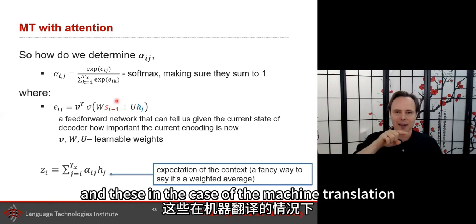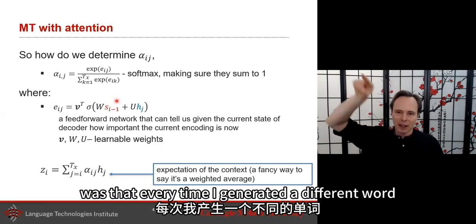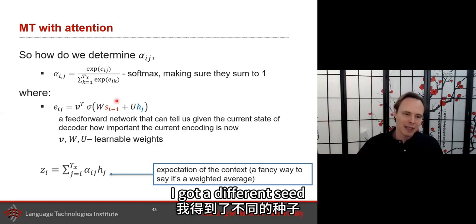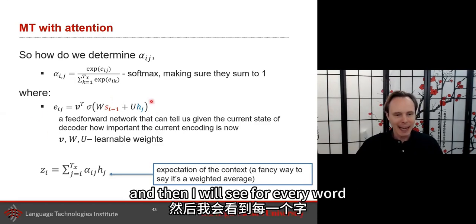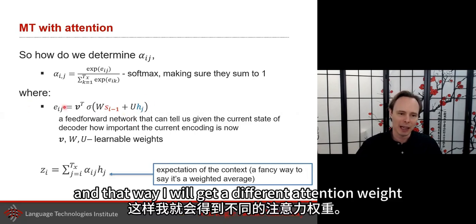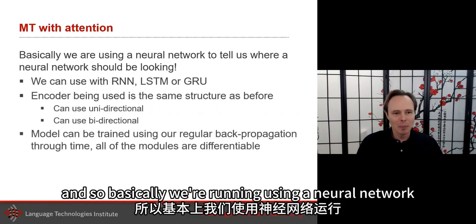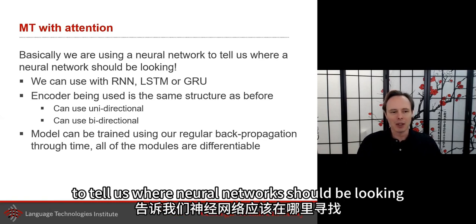And in the case of machine translation, at every time I generated a different word, I got a different seed. And then I will see for every word, and that way I will get a different attention weight. Okay, and so basically we're using a neural network to tell us where neural networks should be looking.